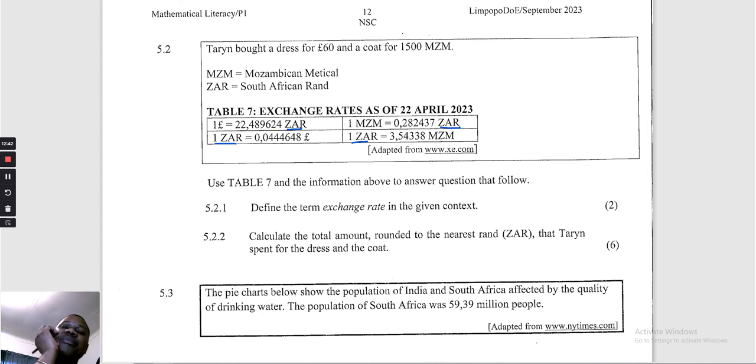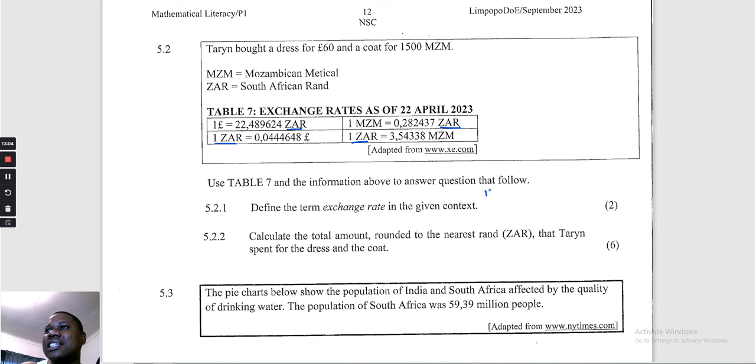Now, I'm going to give you the general definition of exchange rate. The exchange rate is the value of one country's currency in terms of the other country's currency. But here, the one country that we have is South Africa. So what are we going to say?